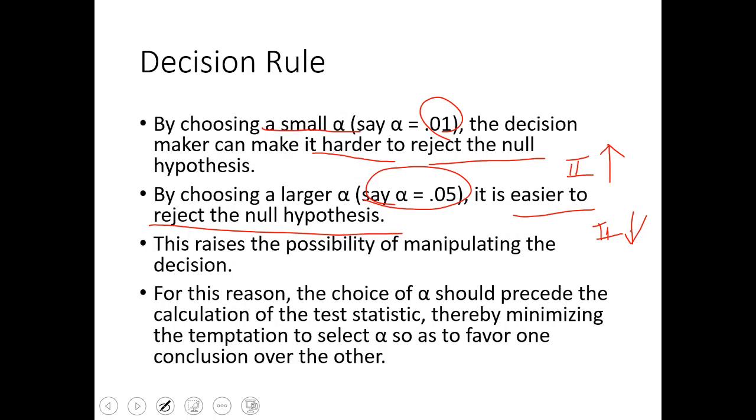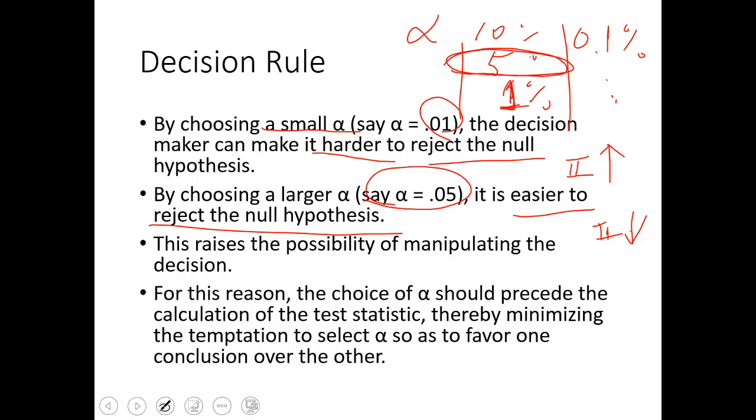So how can we select alpha? Alpha is 10% or 5% or 1%, or sometimes in extreme cases 0.1%. So what is the best alpha? Nobody knows. It depends on the situation, but in many cases 5% is the most popular level of significance.